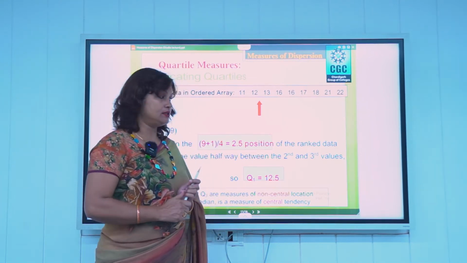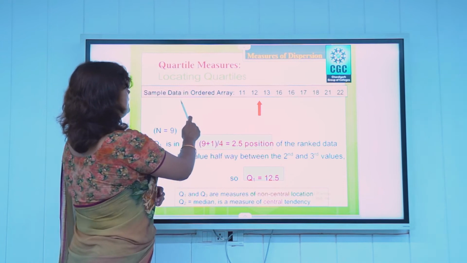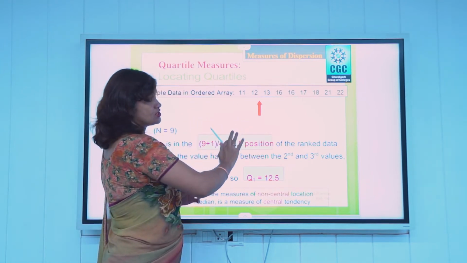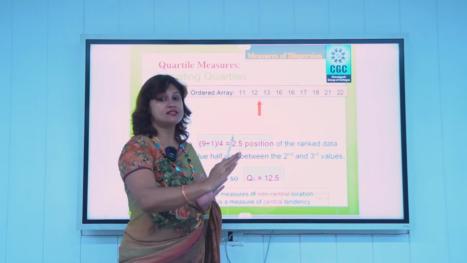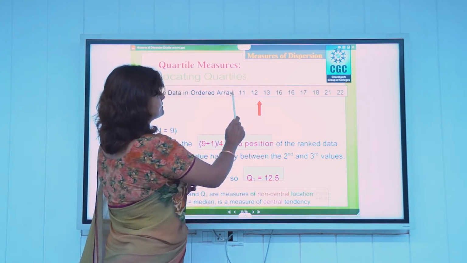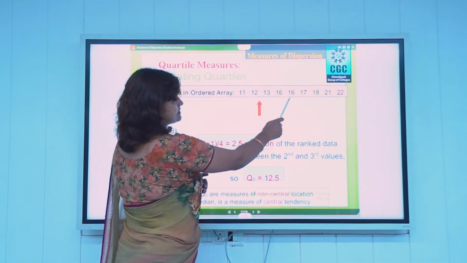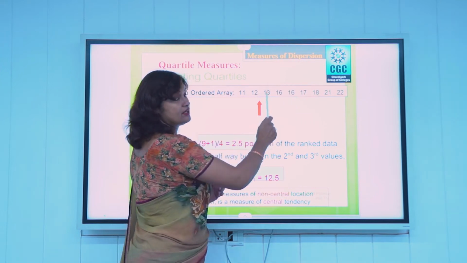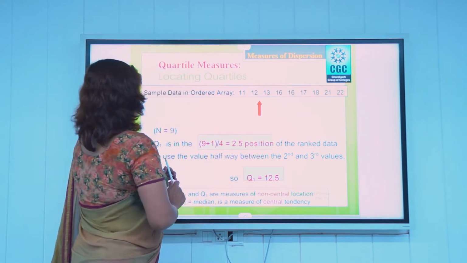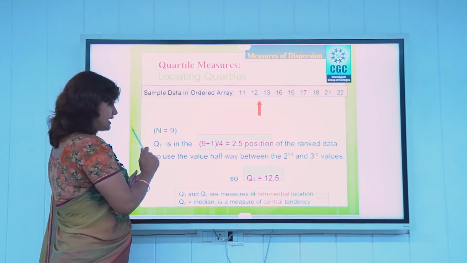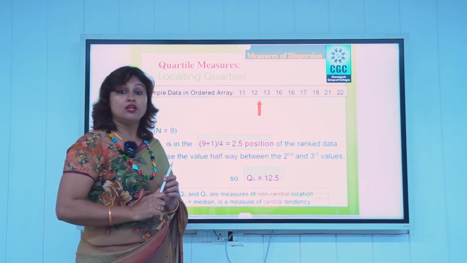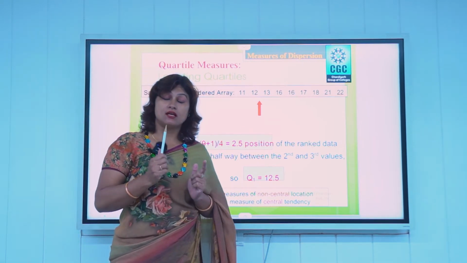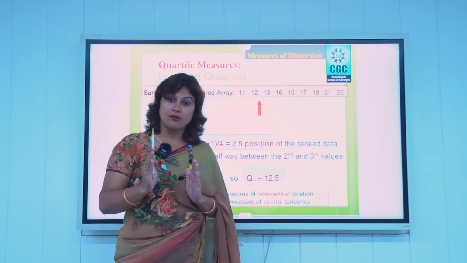For that example, we have taken one ordered array in which numbers are arranged in increasing order, and the numbers are 11, 12, 13, 16, 16, 17, 18, 21 and 22. The number of observations is 9. If we are calculating Q1, it suggests n plus 1 upon 4.